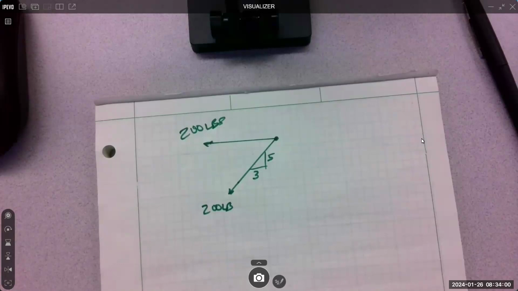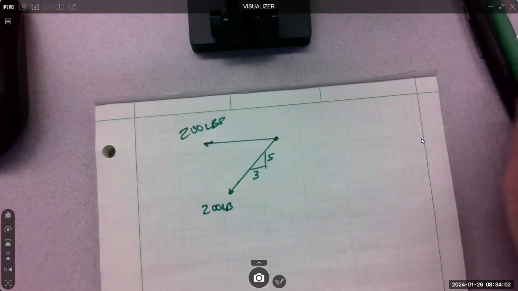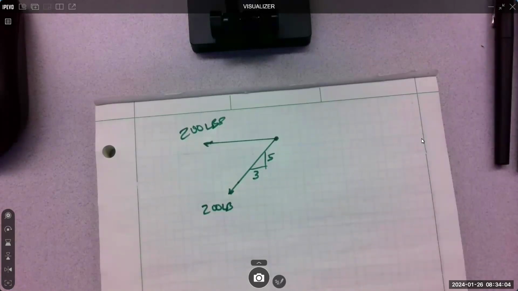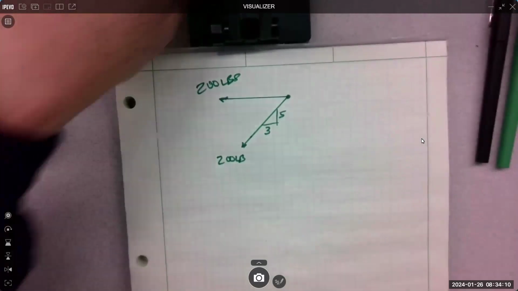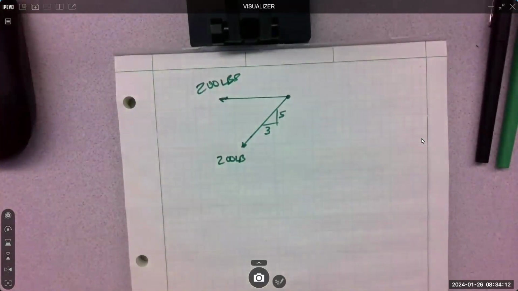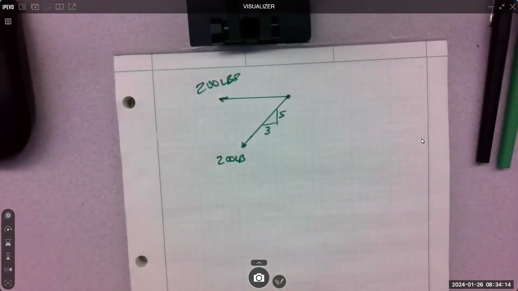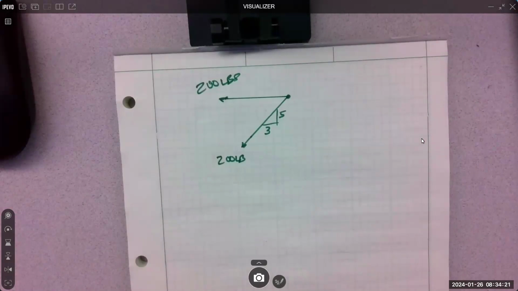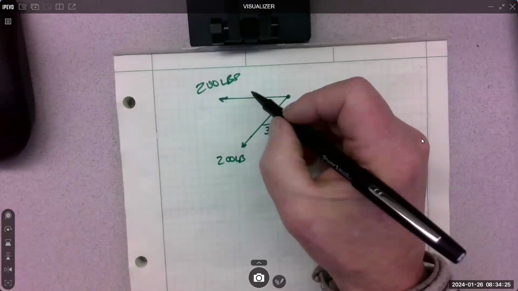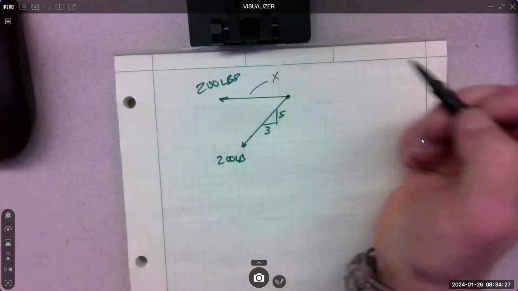All right, so how many forces? 2 forces. So our 2-force resultant strategies are parallelogram or component, either one. Both work. How do you want to do it? Component. So this is all in the X, correct?